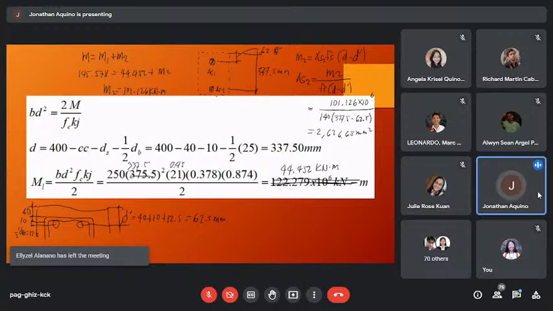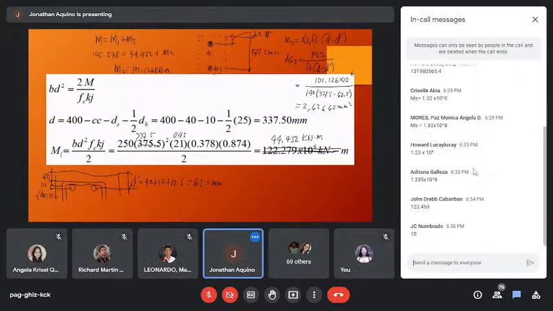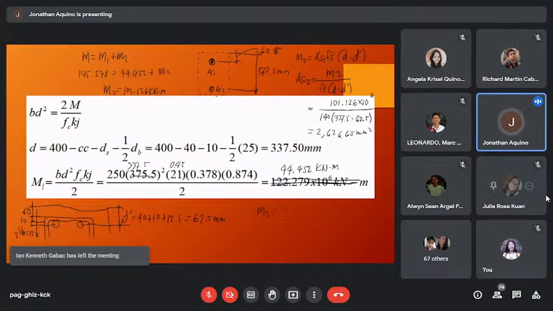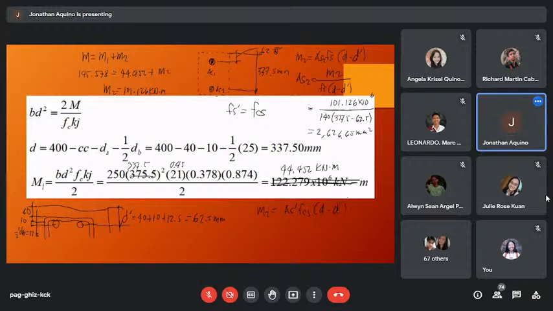So yung As prime naman natin, yung compression steel natin, is just simply equal to M2 is equal to As prime Fs prime, or sometimes in other books, yung Fs prime is just simply equivalent to the stress in the compression steel. Let's say we call this one as Fcs, times d minus d prime.